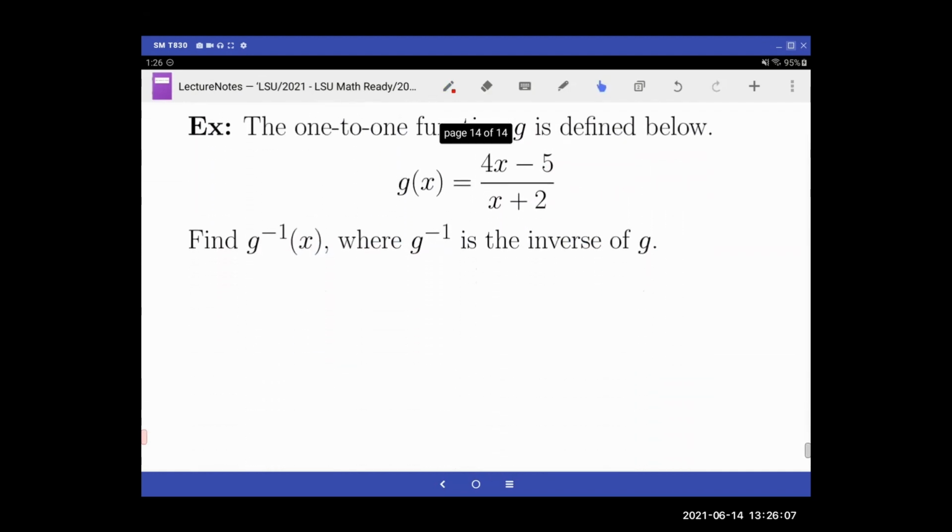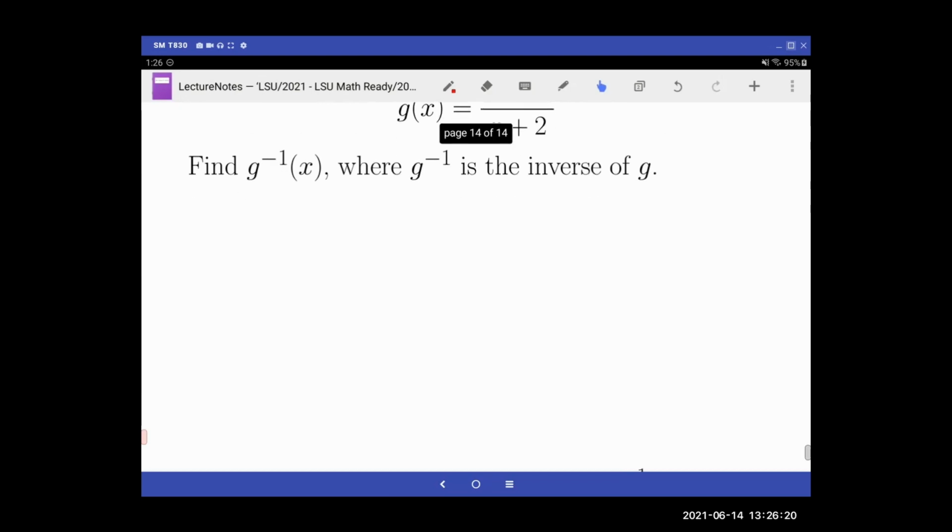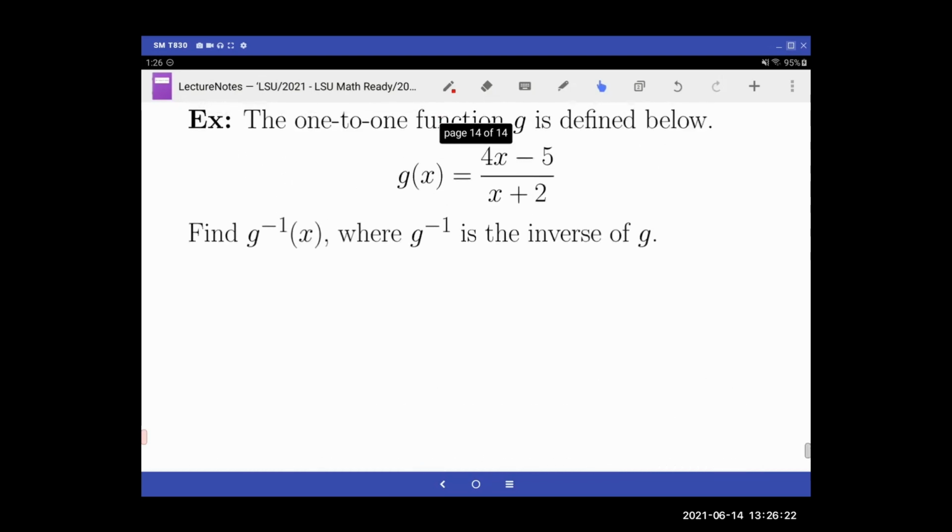All right, here's another question that you might see on ALEKS. The one-to-one function g is defined below. Find the inverse of g. Okay, so we're going to find the inverse of g. y equals (4x minus 5) over (x plus 2). I'm going to skip this part and put my y's in now and my x here.